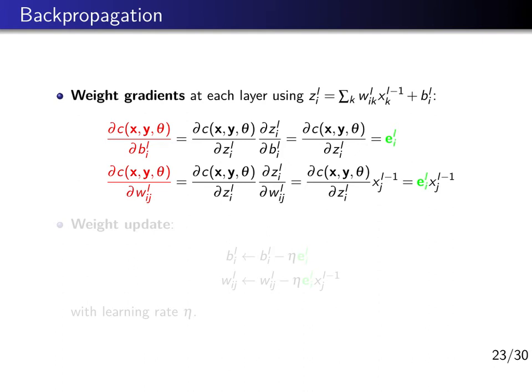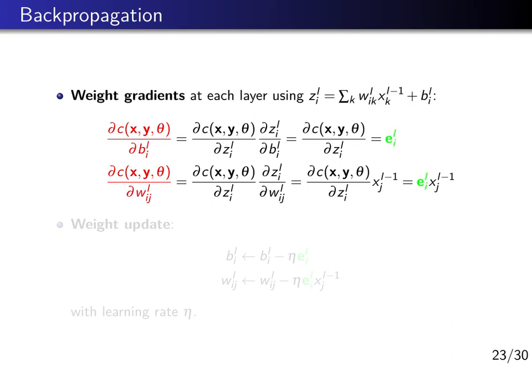And then with the expressions from the last slide, and again using the chain rule of differentiation, you can show that these derivatives have simple expressions in terms of the error vector.